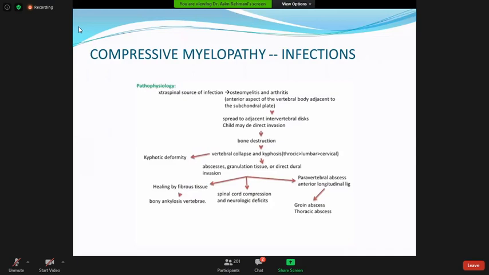This bone destruction causes kyphotic deformity if it is in the dorsal spine, and abscess or granulation tissue formation.